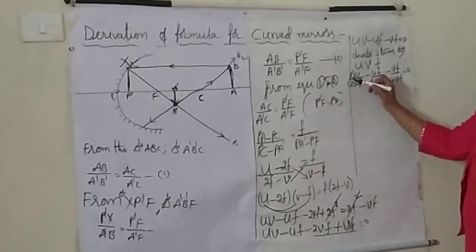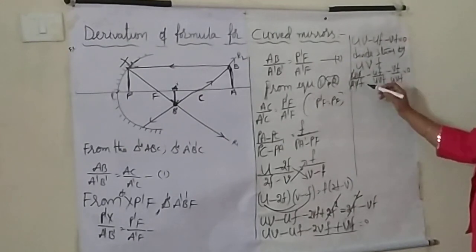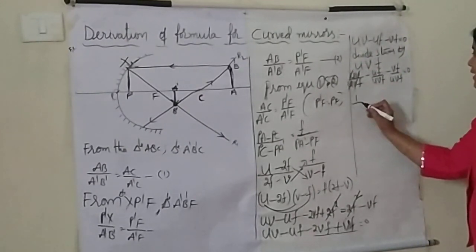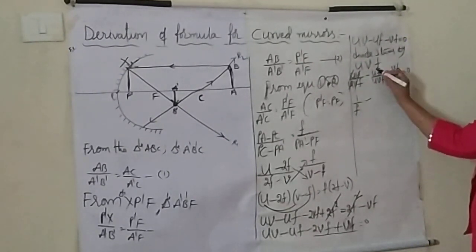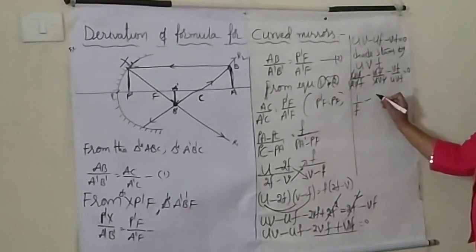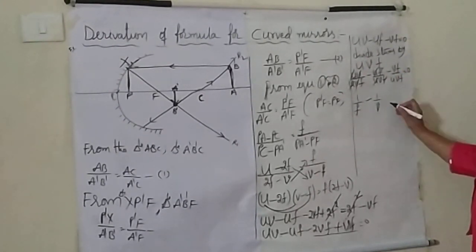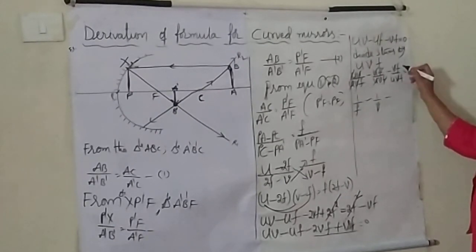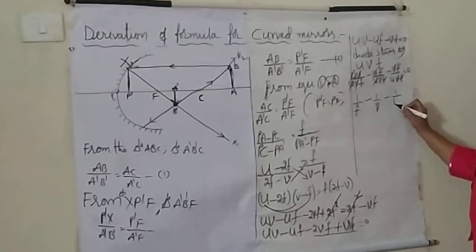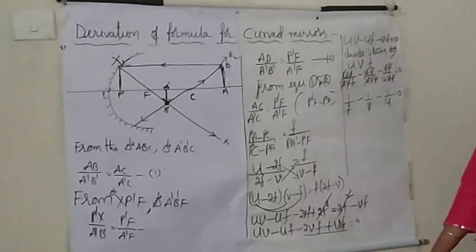Then here U, V, and what you got, 1 by F minus, U, F do cancellation, then you will get 1 by V minus, V, F cancel, then you will get 1 by U is equal to 0.